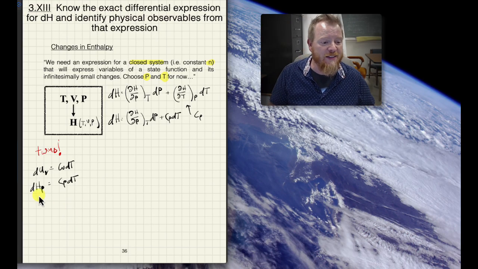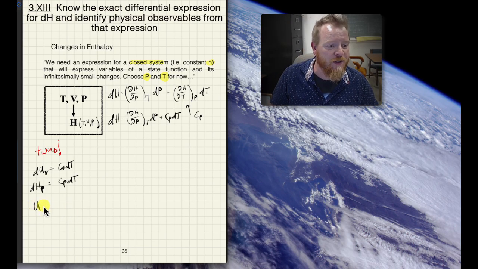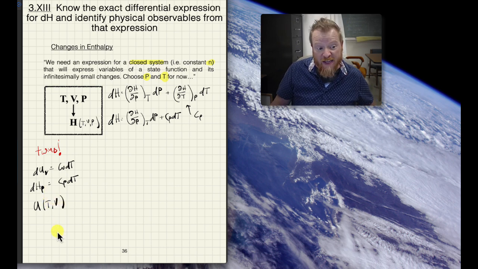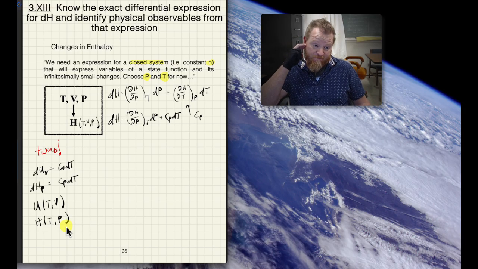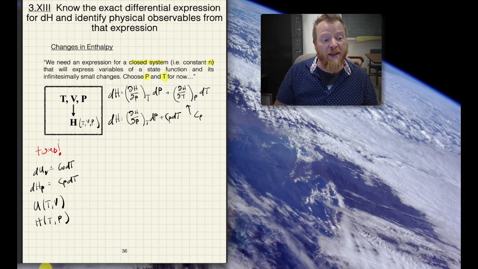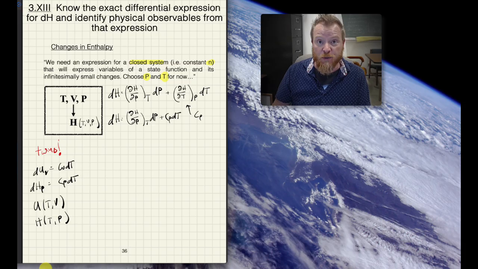So now we can see why we've already established that U naturally tends to depend on T and V, and thus H will naturally tend to depend on T and P. Okay, so we've got the whole gamut of our changes with respect to either internal energy or enthalpy.